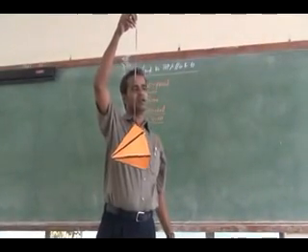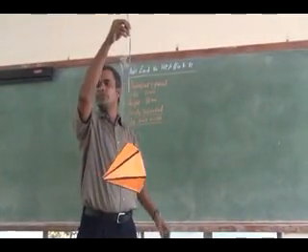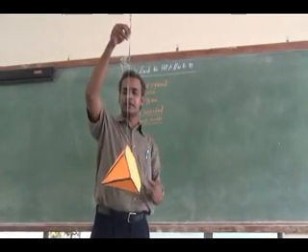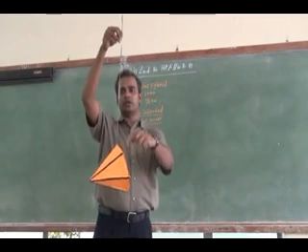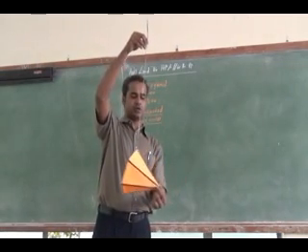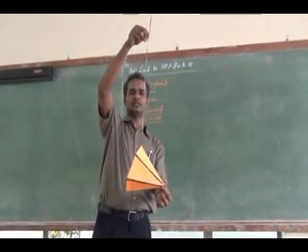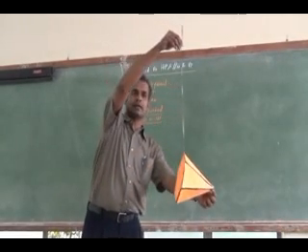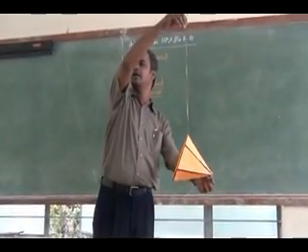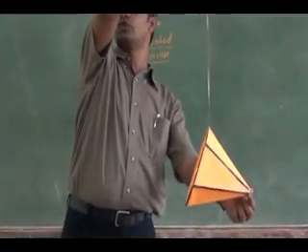What is given in your problem condition? It is hanging like this and the axis is parallel to VP. So I am going to hold this such that it is hanging and the axis is parallel to VP.